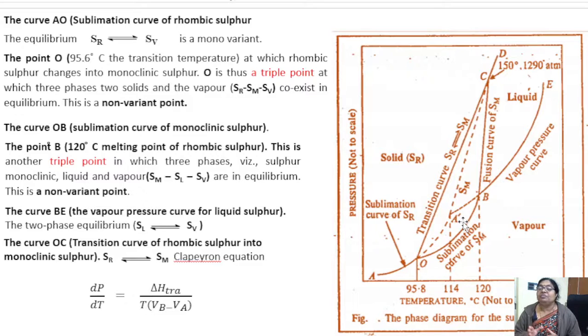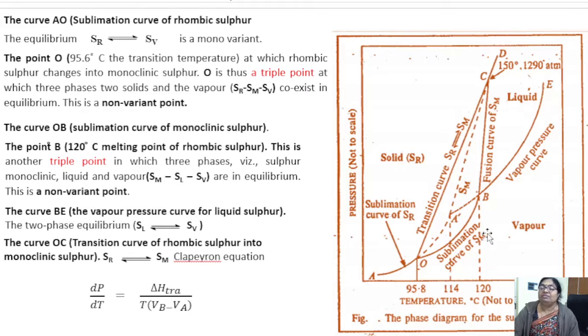Therefore three metastable equilibrium curves will appear. So this is another triple point.